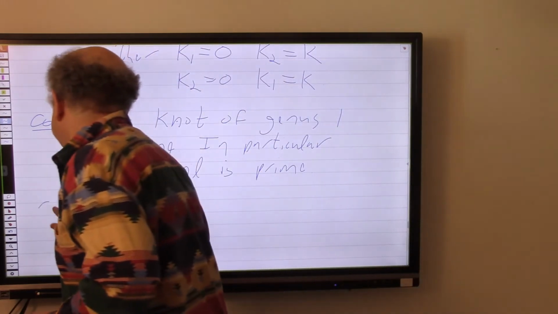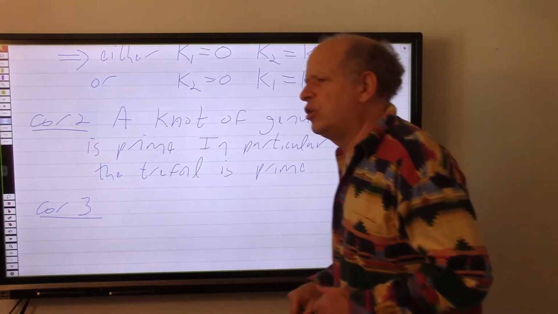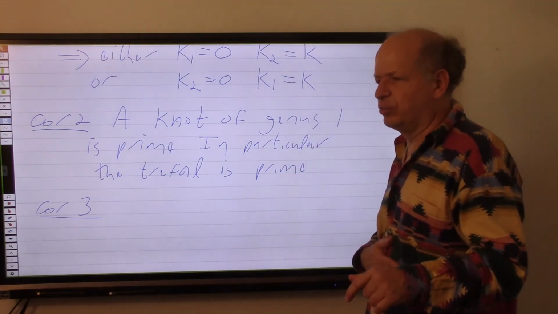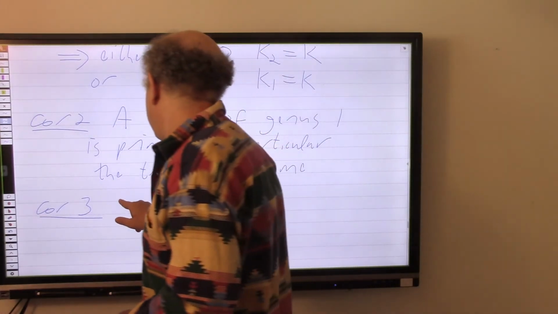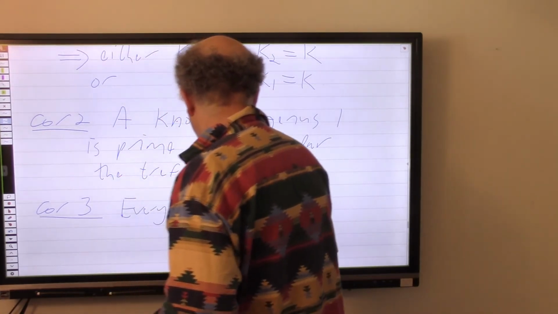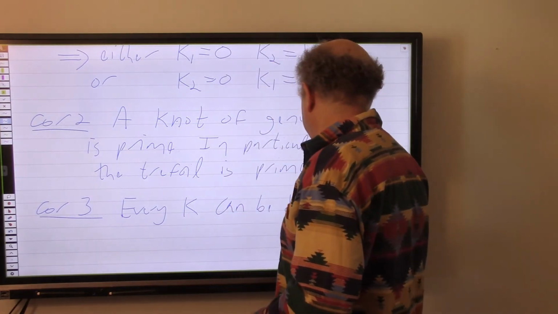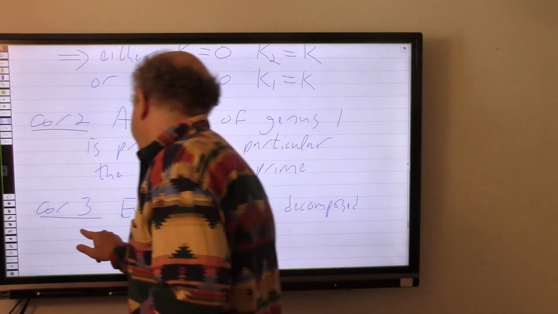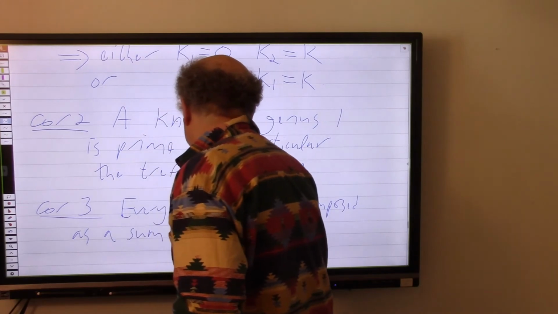And the last one, corollary 3: every knot can be decomposed into primes. So every K can be decomposed as a sum of primes.